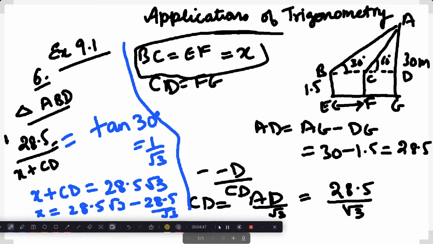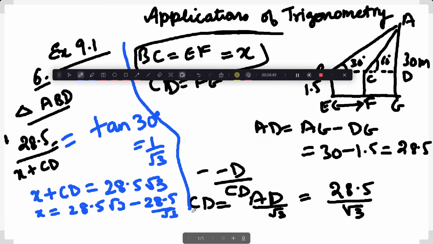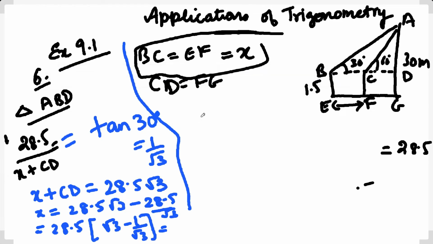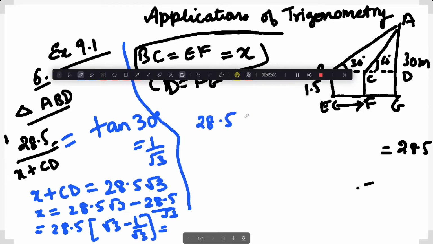So let's take 28.5 common. Root 3 minus 1 by root 3. What will that be? So 28.5, 3 minus 1 by root 3. Now what we can do is we can just multiply and divide by root 3.